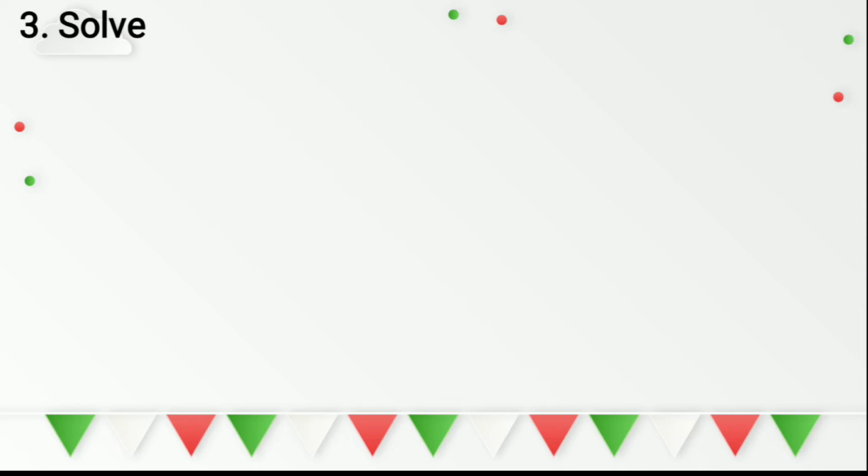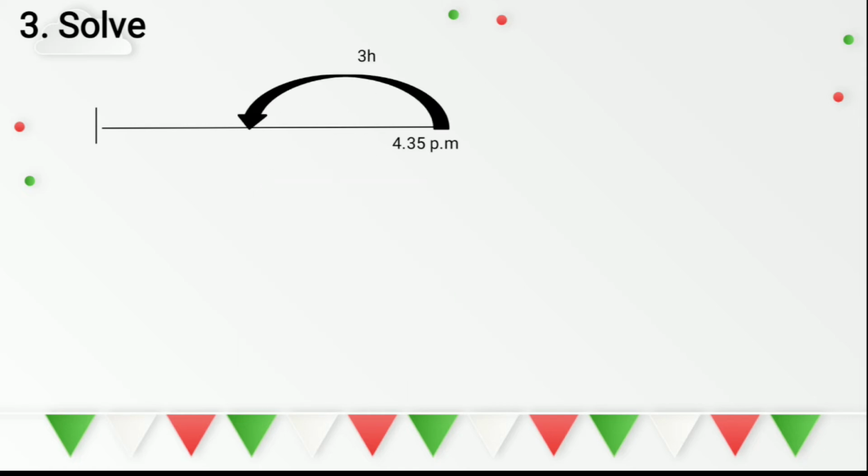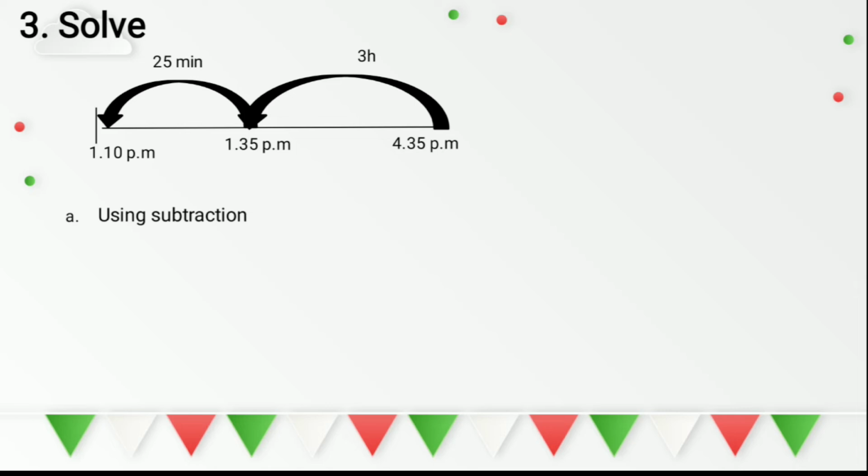Step 3. Solve. This is the timeline for question A. 4:35 p.m. is the time he stopped playing. 3 hours before 4:35 p.m. is 1:35 p.m. 25 minutes before 1:35 p.m. is 1:10 p.m. Using subtraction, 4:35 subtract 3:25 equals 1:10.